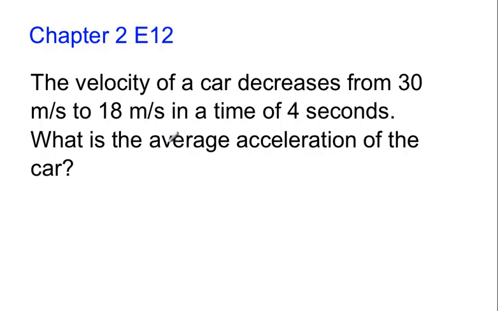So the equation for acceleration, one of them that we have, is the acceleration equals the final velocity minus the initial velocity divided by the time. Let's write out the things that we have. It decreases, so it starts out at 30 meters per second, that's VI.